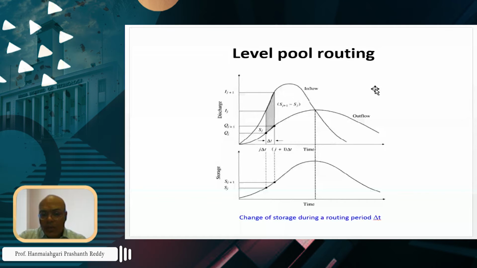So in level pool routing, this is the inflow hydrograph shown, and then the outflow hydrograph. Okay, so in the outflow hydrograph the peak is attenuated and the time base has increased, and the storage of the water is plotted in the figure below.